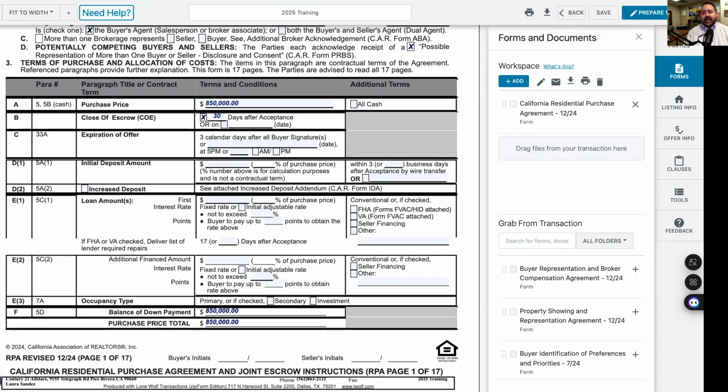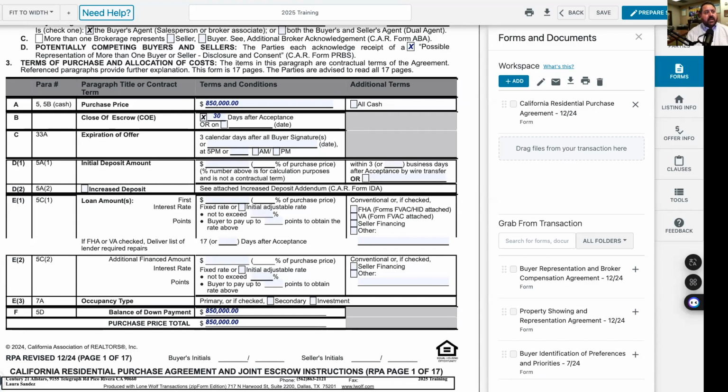So again, when we're talking about writing an offer that is strong, that puts the best foot forward in the buyer's attempt to make this purchase, initial deposit is going to be one of those very first things they look at.